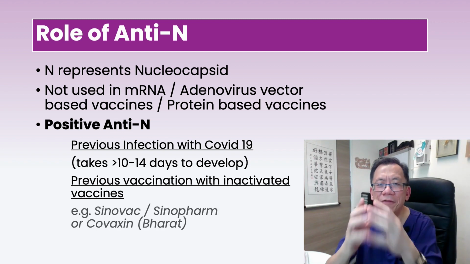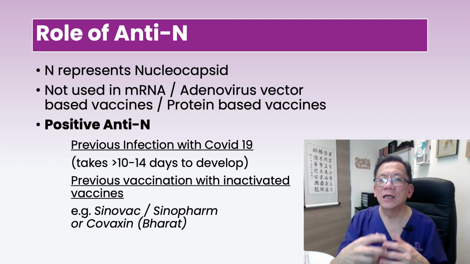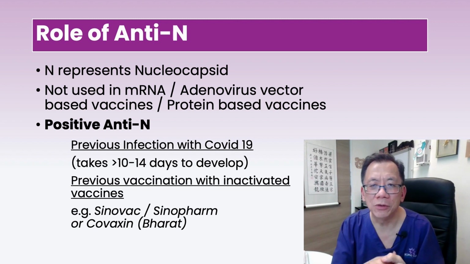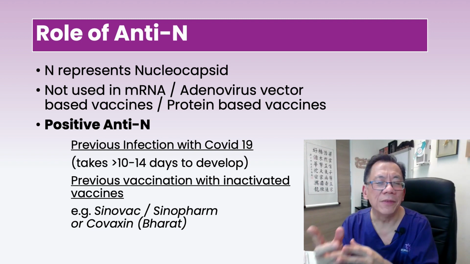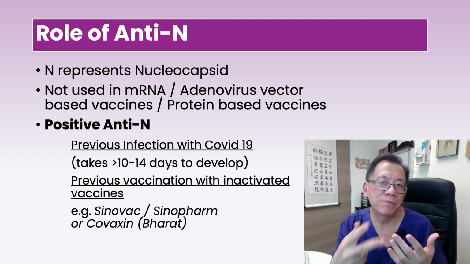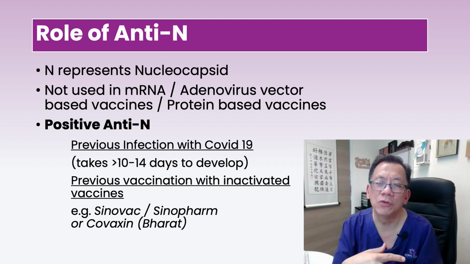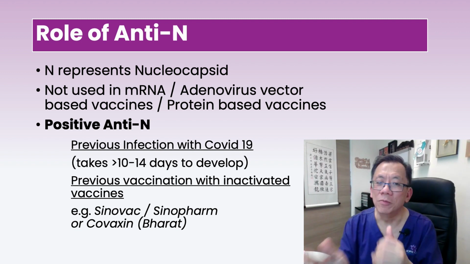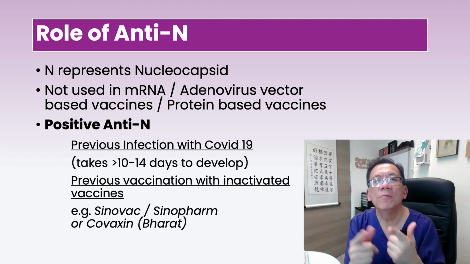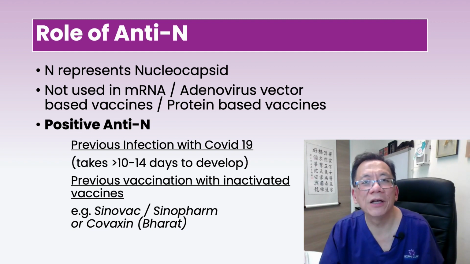They throw in the entire virus with the nucleocapsid protein inside, and in turn you could mount an antibody to it. So the anti-N could then represent the vaccine response, immunity to the vaccine that was introduced. So anti-N could mean infection or previous vaccination with inactivated vaccines like Sinovac, Sinopharm, or Covaxin.